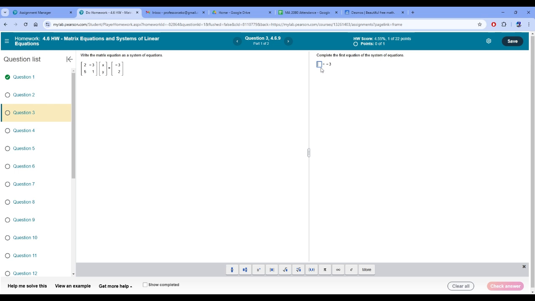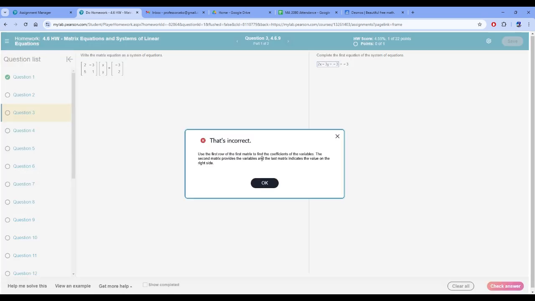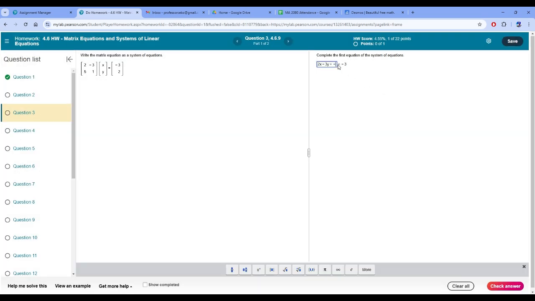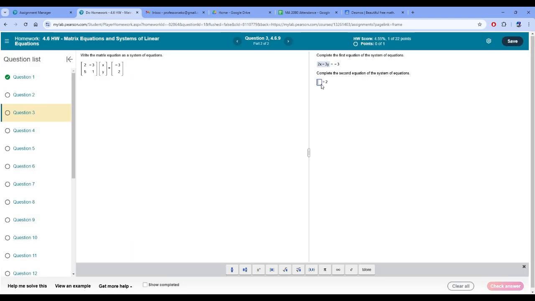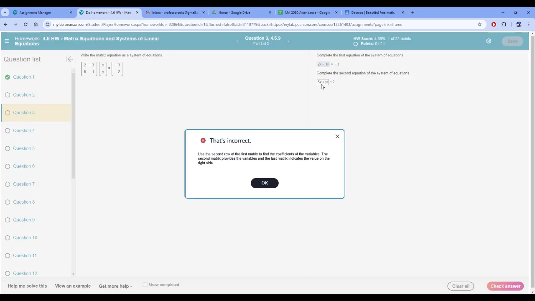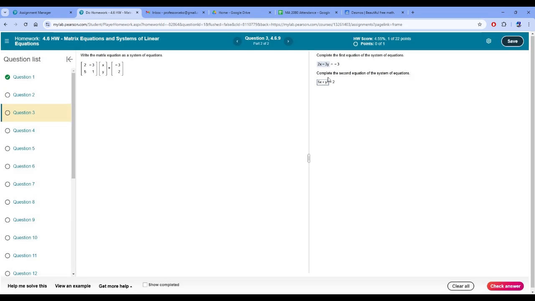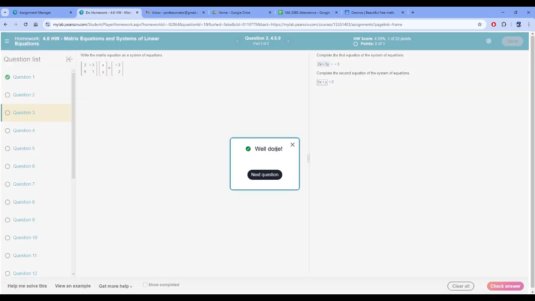This would be 2x minus 3y is equal to -3. And then my second equation is going to be 5x plus y equals 2. So you're making the equations and we're getting that.